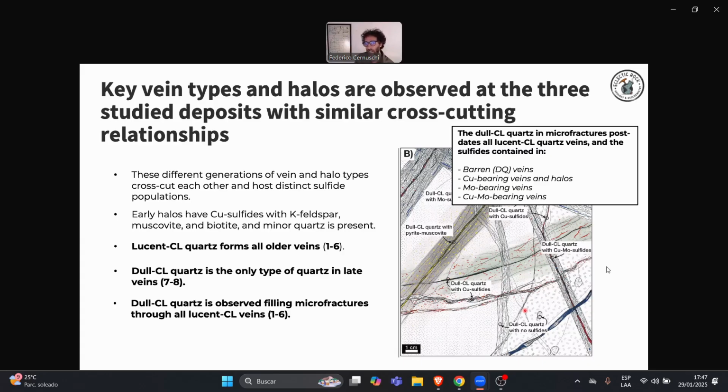And then the dull CL quartz that is late and much lower temperature percolates through microfractures that affect all this lucent CL quartz, and they come in contact with whatever minerals are included inside those vein generations. So no sulfides in deep quartz veins. It comes in contact with copper sulfides in A veins, with moly in banded molybdenite quartz.